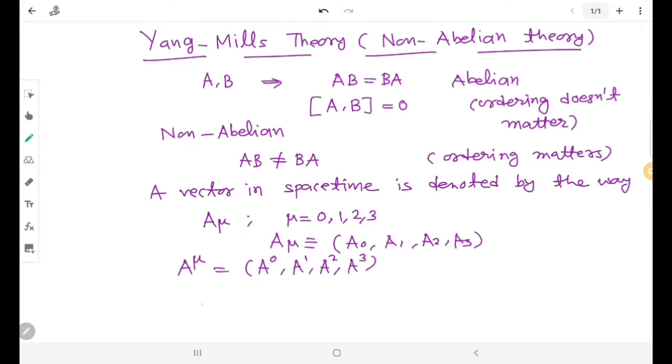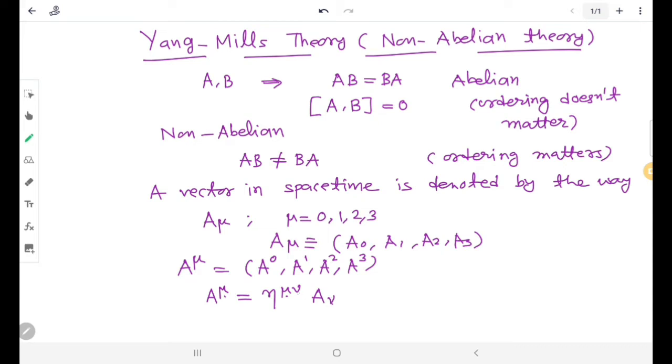And there is a convention. The convention is that if you want to convert a contravariant vector into a covariant one, then you have to introduce a metric tensor, which we call here the Minkowski metric tensor for the flat space-time. So a mu index here, and a nu index here, and then we write it like this, A nu.